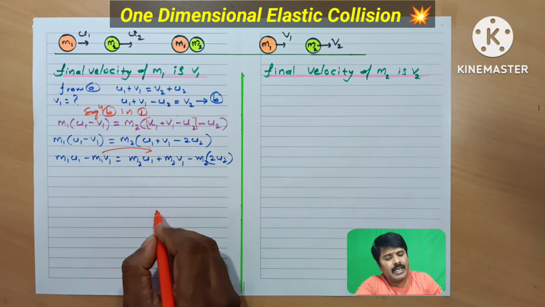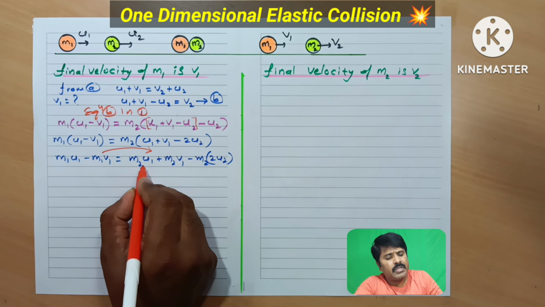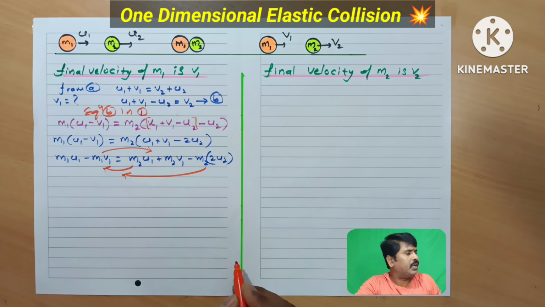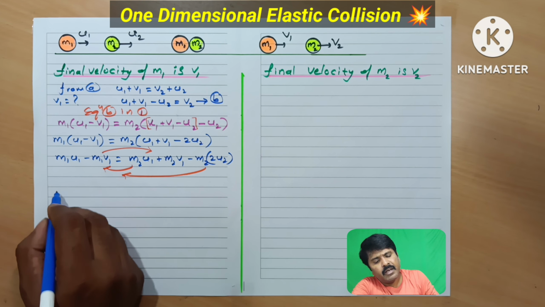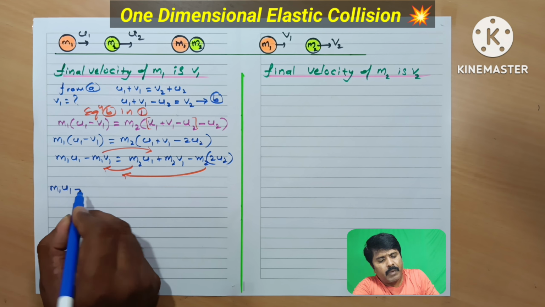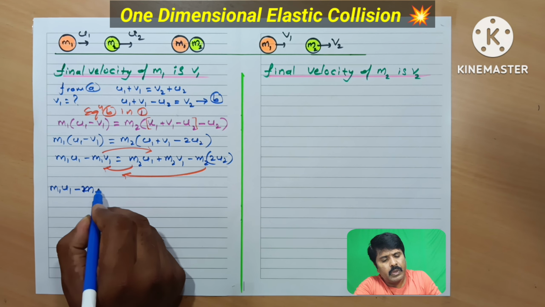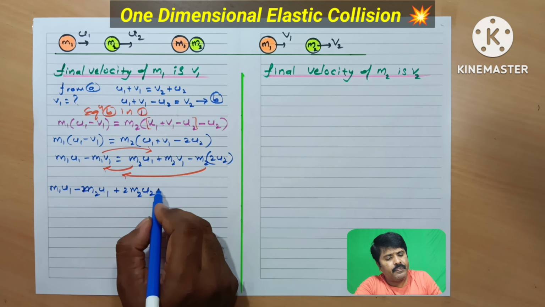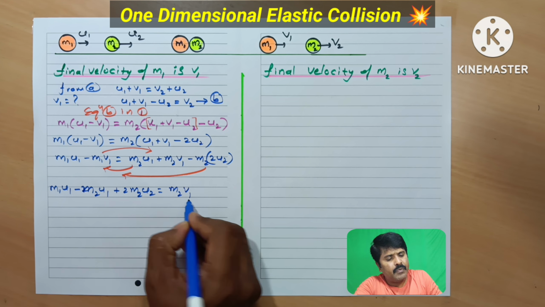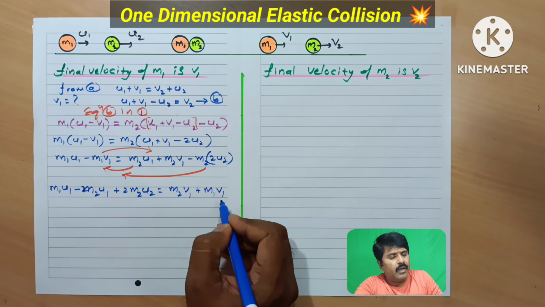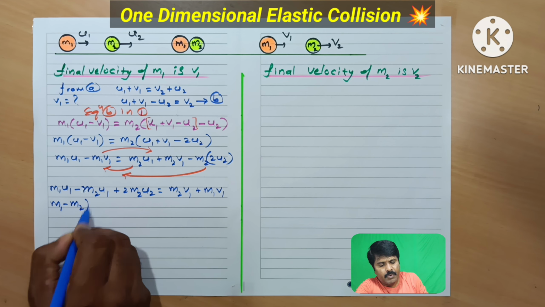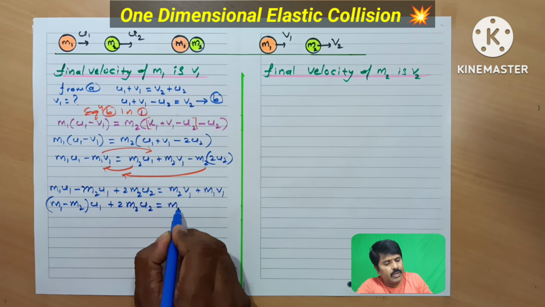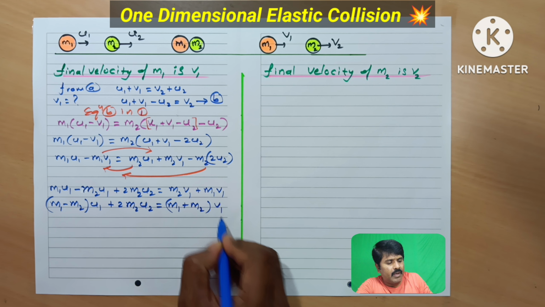RHS side positive, LHS side negative, so the remaining values m2 u1 from RHS side to LHS side and 2 m2 u2 also from RHS side to LHS side, so that we will get here m1 u1 minus m2 u1 plus 2 m2 u2 is equal to m2 v1 plus m1 v1, that is m1 minus m2 of u1 plus 2 m2 u2 is equal to m1 plus m2 of v1, student.